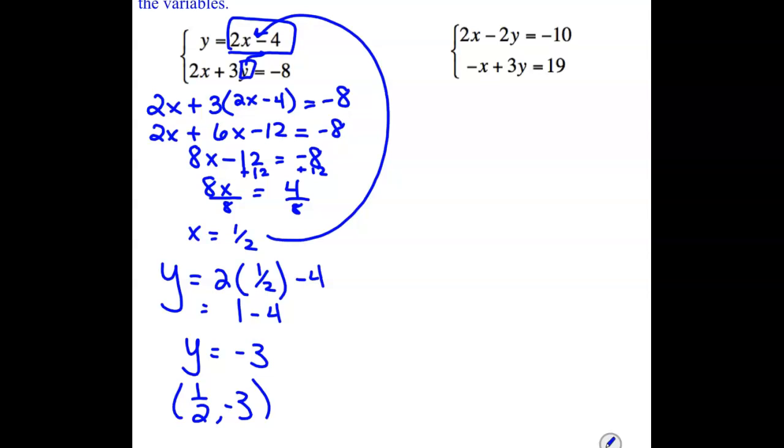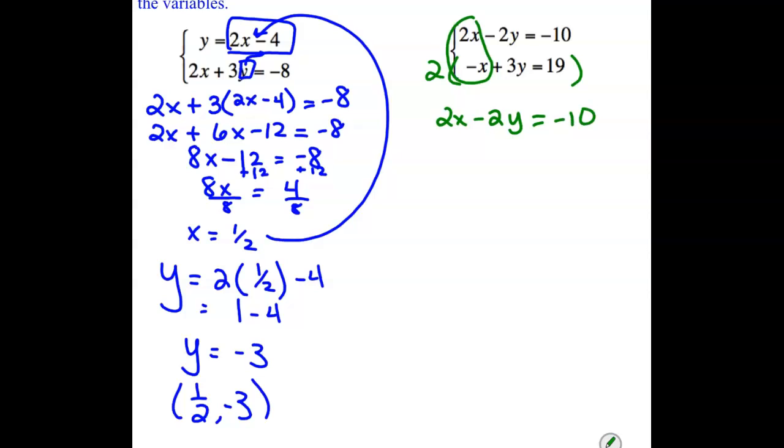For our second example, we said this fit more with an elimination process because we have both equations in standard form. We can get opposite coefficients pretty easily for our x's by multiplying the second equation by a 2. So the first equation, 2x minus 2y equals negative 10, didn't need to be changed.